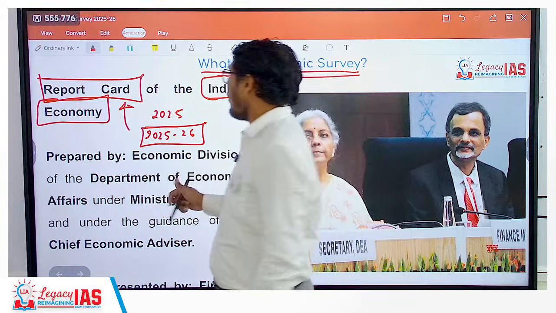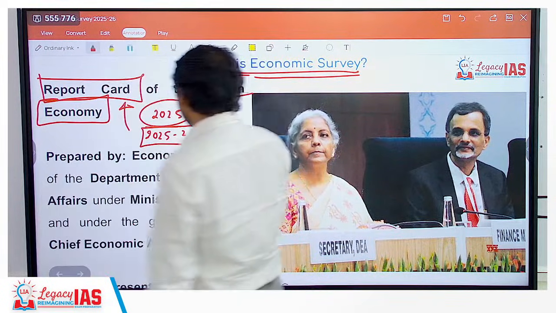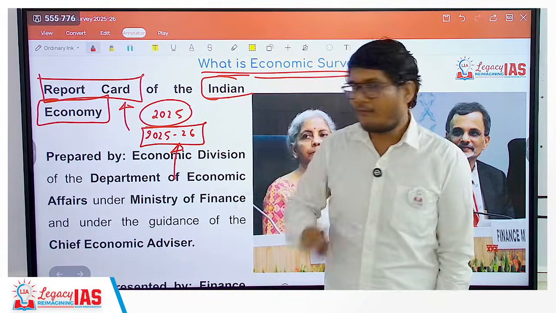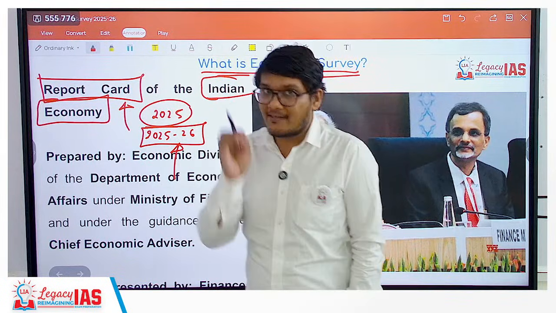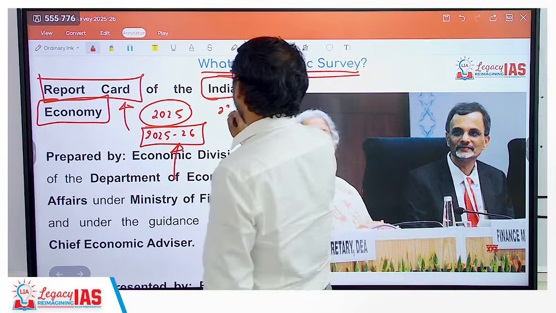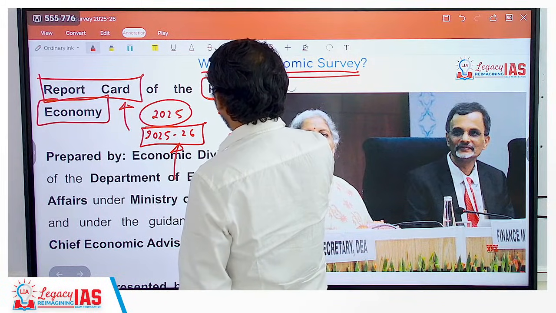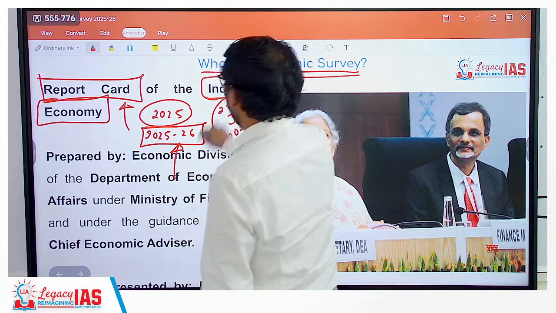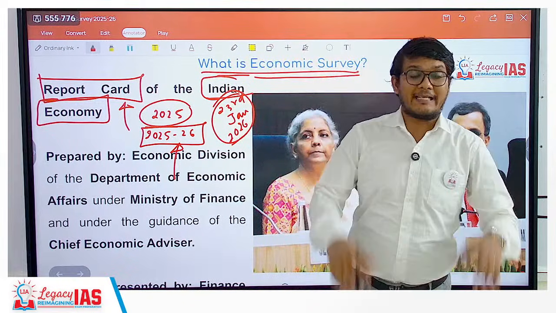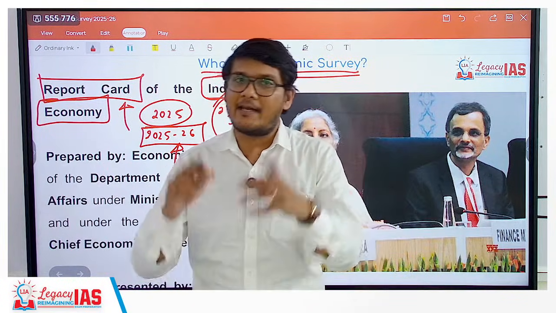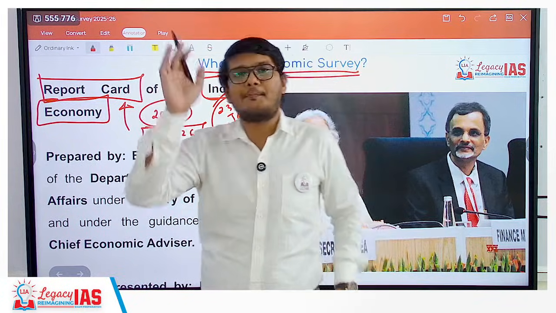So it will have all the details of this year plus up to January 2026. It has information, in fact, up to 23rd January. There are certain data which is updated up to 23rd January 2026. So it consists of the report card of the entire Indian economy of the previous year.